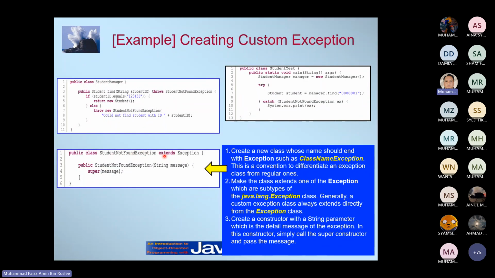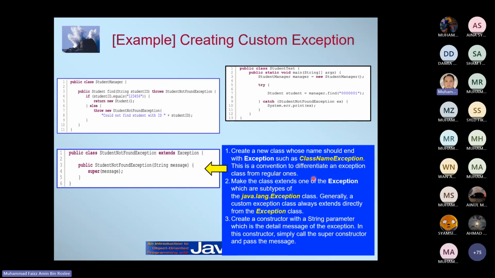That kind of name you need to use. The best practice is to use exception at the end of the class name. This is the convention to differentiate an exception class from a regular one.